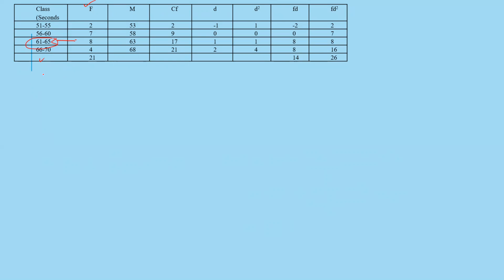So we can calculate mode using the formula. So mode here lies in 61 to 65 class, and we use the formula L plus delta 1 divided by delta 1 plus delta 2, into I. And substituting the values, we know that delta 1 is nothing but the frequency difference.